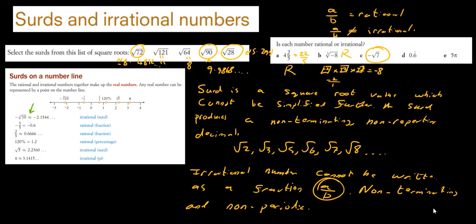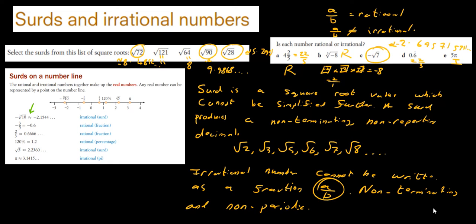This is irrational because it gives, on my calculator, negative 2.645715 goes on forever, and that is an abbreviation. This can be written as 2 over 3, and this is irrational again because it does not repeat.